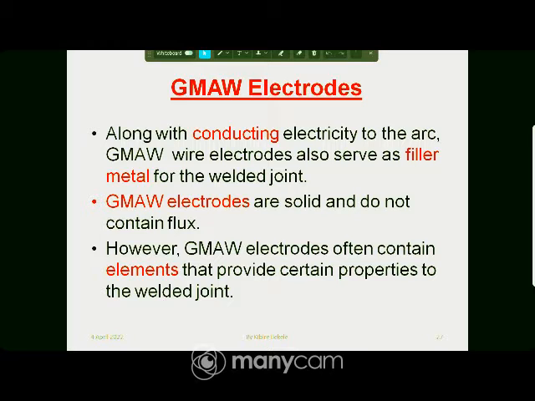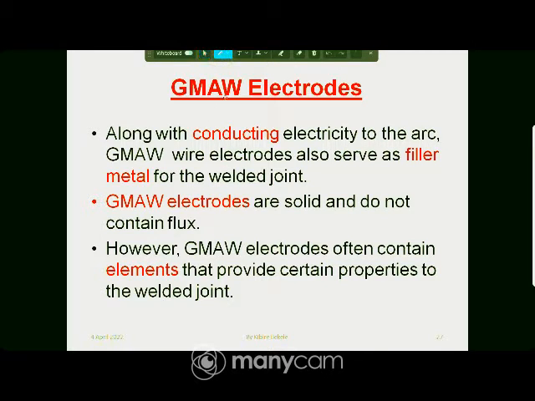So in gas tungsten arc welding, you know that the external filler material is applied from the side, but here the electrode is a consumable electrode, so it must be transferred to the welding area. Gas metal arc welding electrodes are solid and do not contain fluxes.